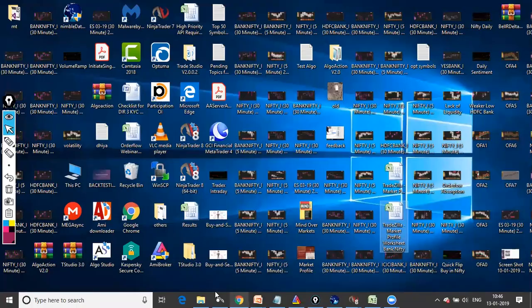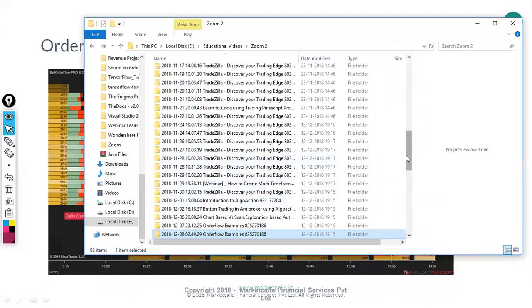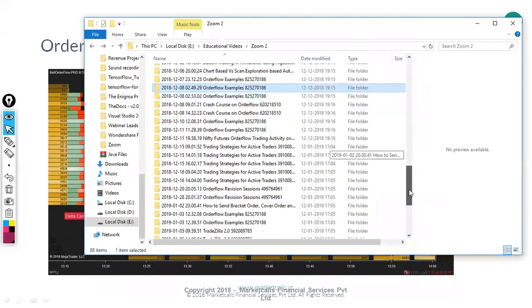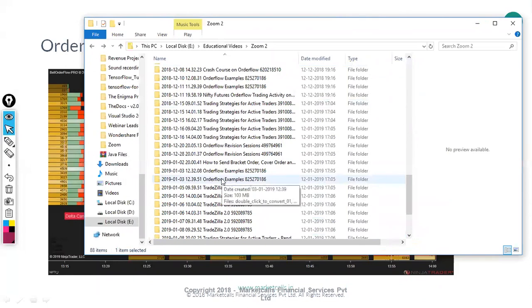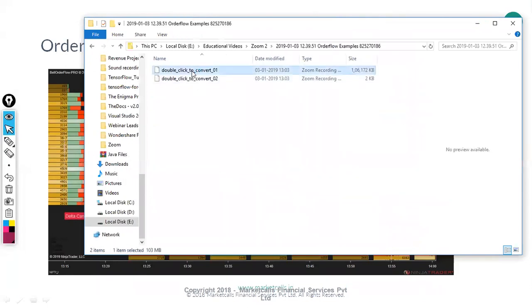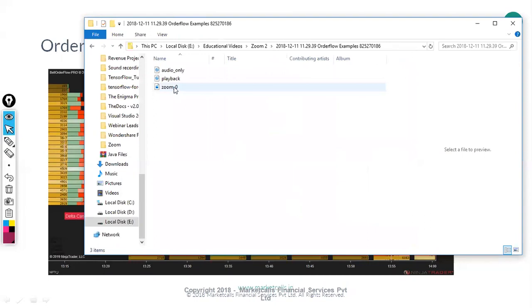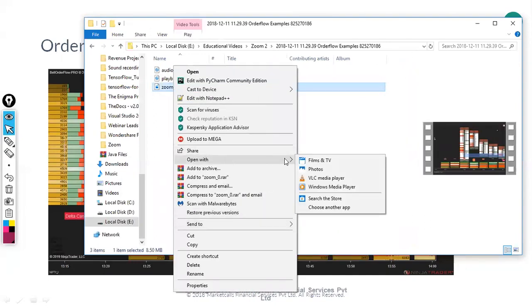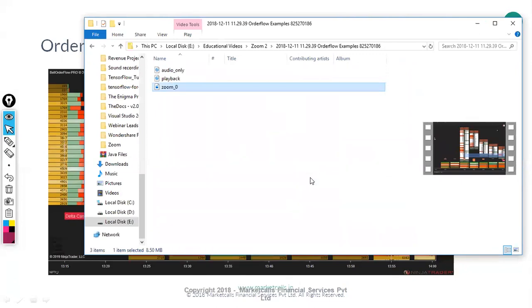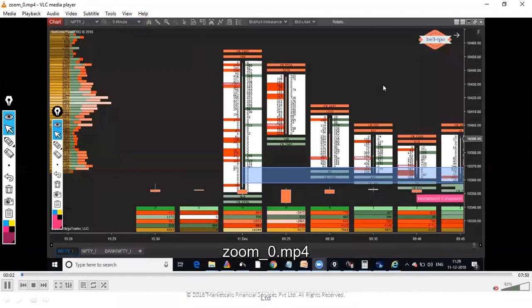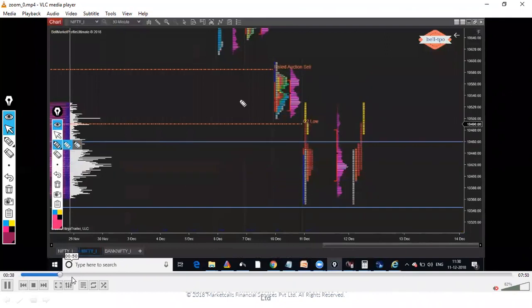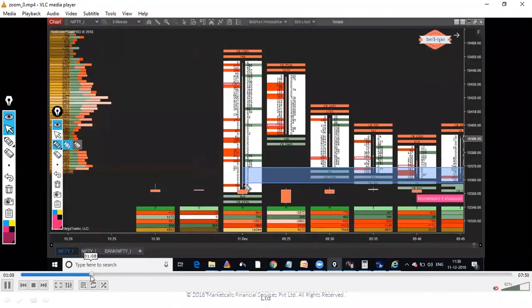Okay, so I'm just trying to show order flow charts. I'm not able to check.